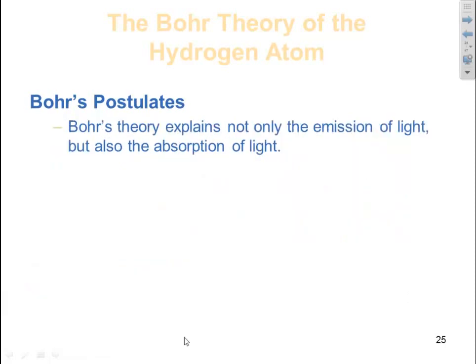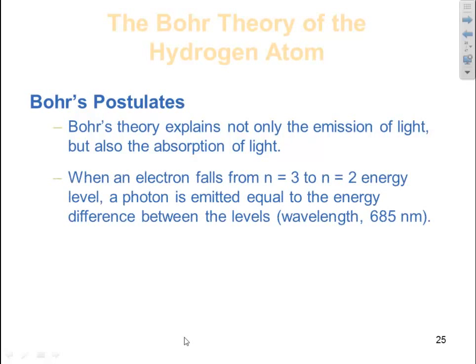Bohr's theory explains not only the emission of light, but also the absorption of light. When an electron falls from an n=3 to an n=2 energy level, a photon is emitted equal to the energy difference between the levels. That happens to be equivalent to a wavelength of 685 nanometers.